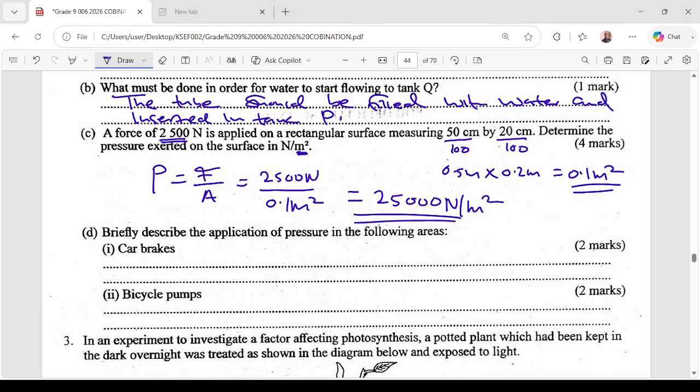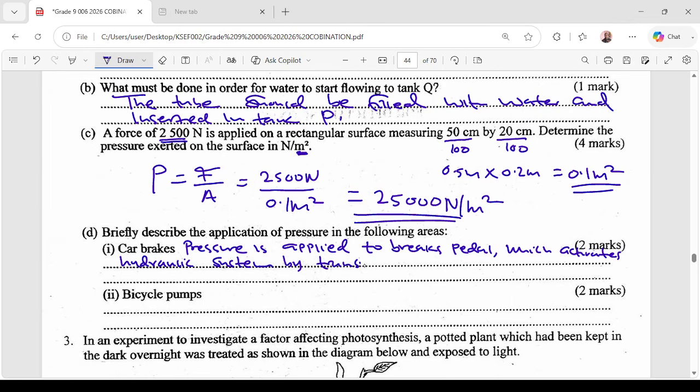Pressure is applied to the brake pedal, which activates the hydraulic system by transmitting pressure to the brake pads.